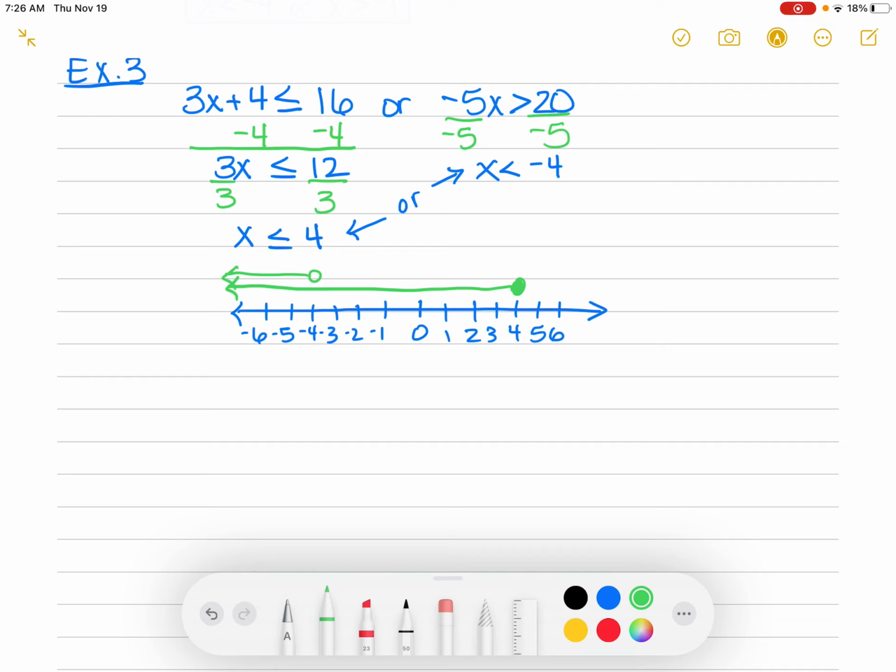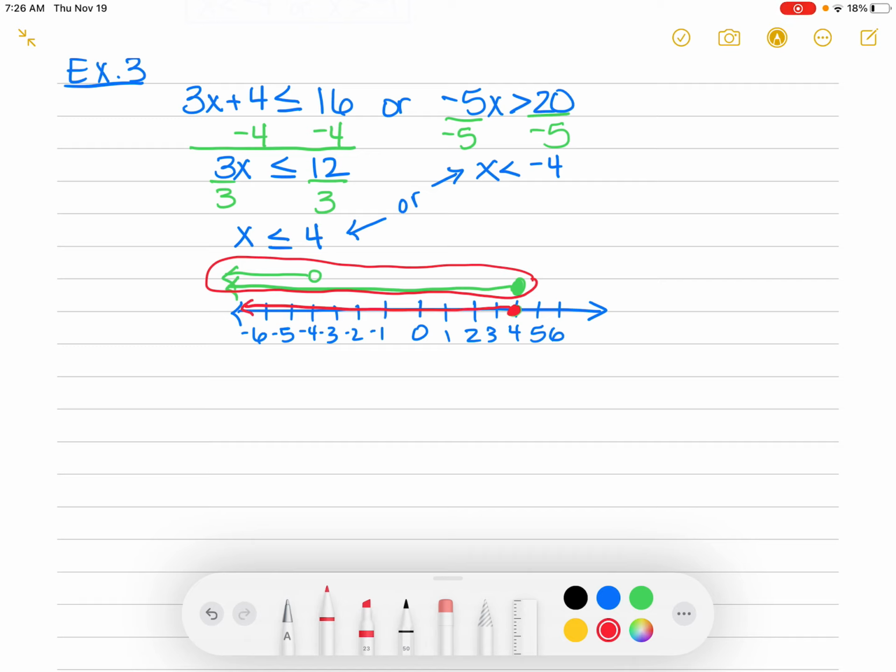Okay, so since I have both of those and the answer could be either of them, remember I'm going to do where both of them are. So that means I'm going to have this one. Hold on, I'm going to use a different color so you can see it better. I'm going to have this one as my only one because it also includes this one right here.